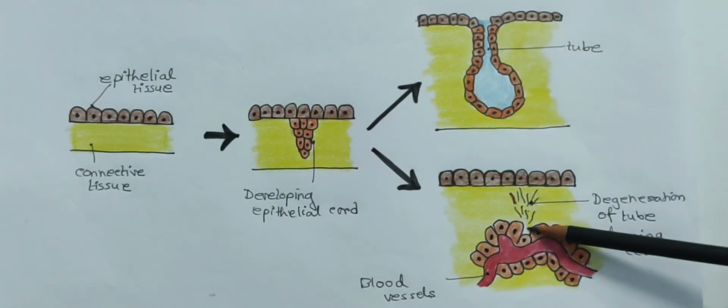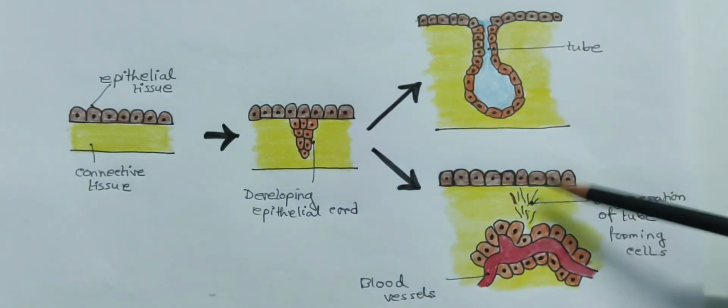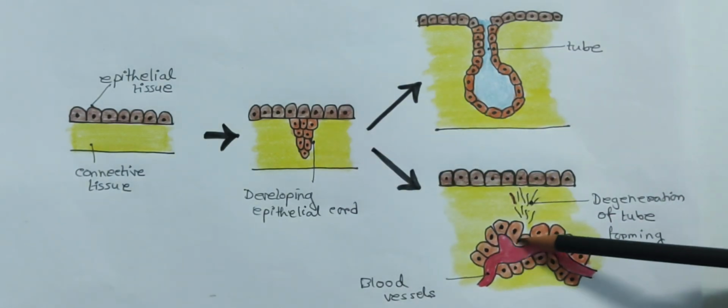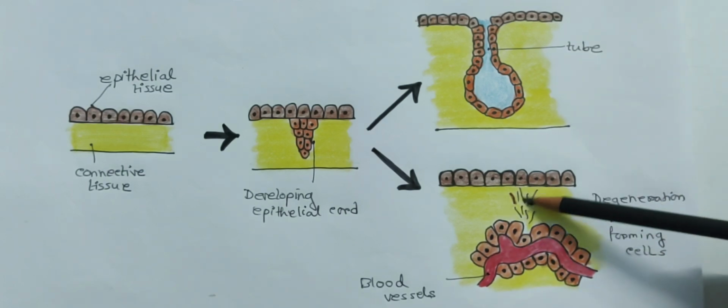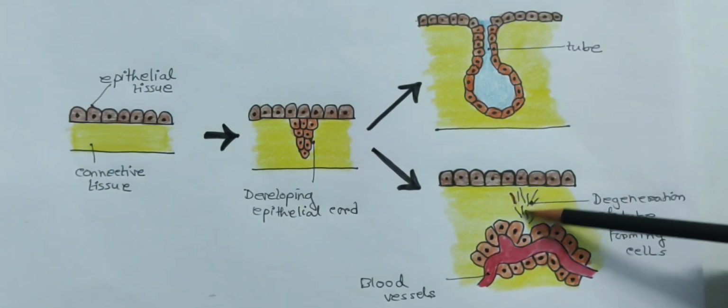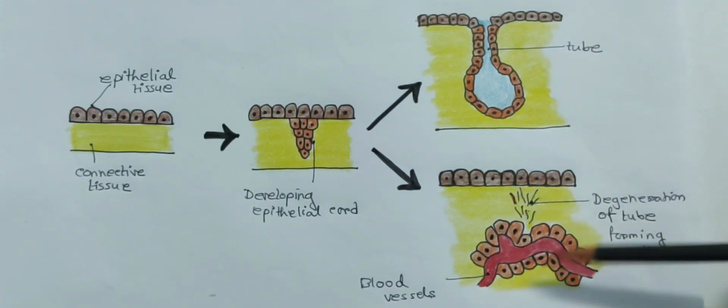And here is the other type, the epithelial cord. Once it is developed, it comes around the blood vessels. The cells come around the blood vessels, and the cells of the tube portion degenerate.